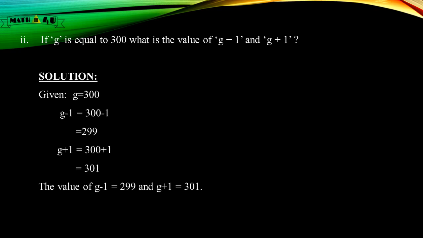So g minus 1 will be equal to 300 minus 1, that is equal to 299. Next, g plus 1 will be equal to 300 plus 1, that is equal to 301. Therefore, the value of g minus 1 is equal to 299 and g plus 1 is equal to 301.